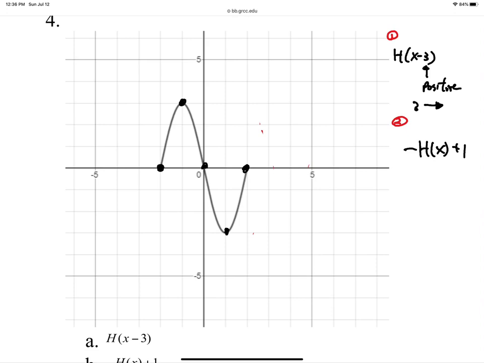So again, negative h(x) plus 1, so we have to make sure we do the reflection first. Order of operations again. So this technically is a times. So let's flip it over the x-axis first. So this point doesn't change, but this definitely changes, and so it looks like this.